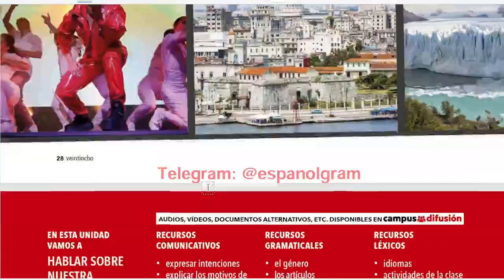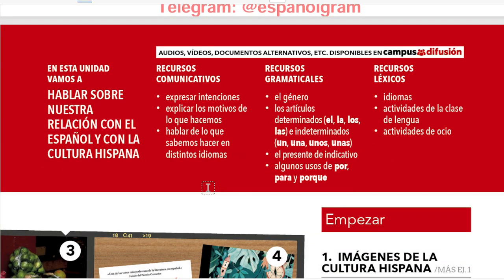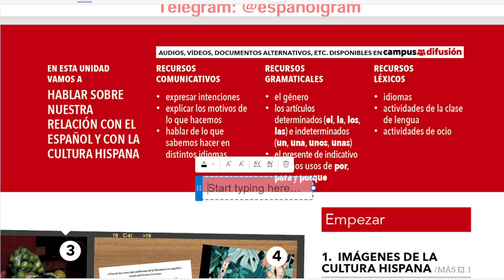Okay, now this subunit. En esta unidad vamos a hablar sobre nuestra relación con el español y con la cultura hispana. So in this hablar, you will learn to speak sobre nuestra relación. Our relation. Con means with.